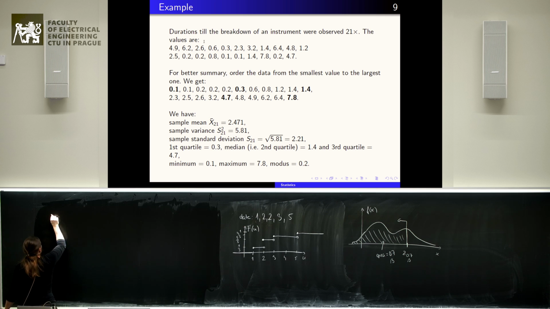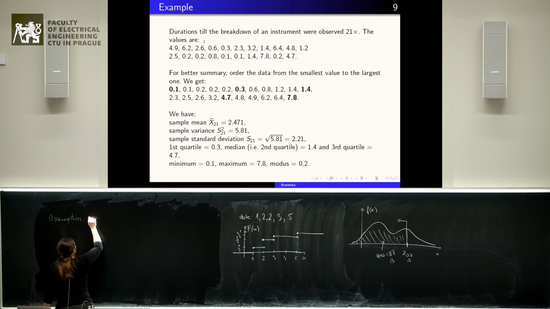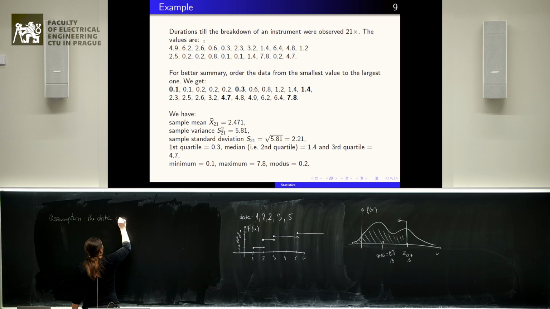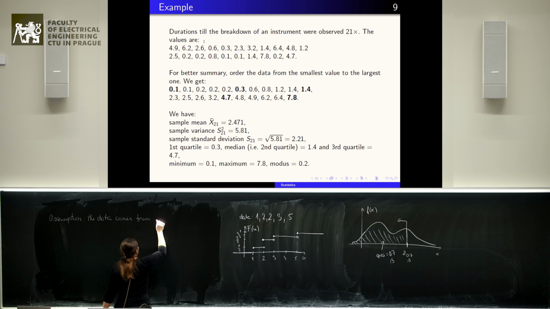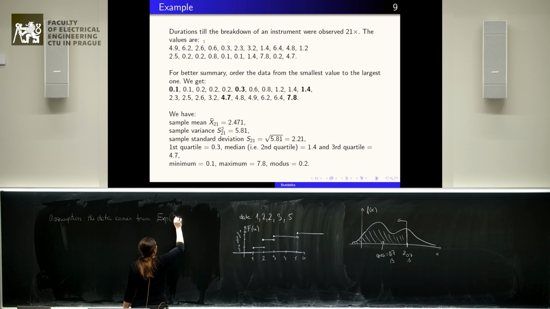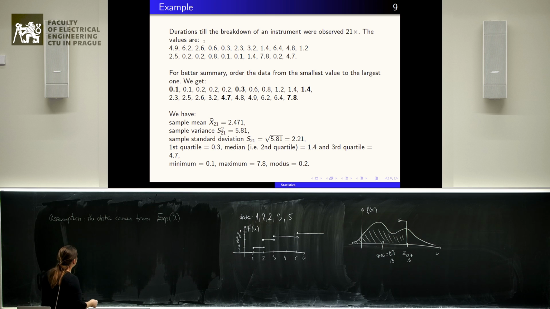So our assumption is that the data come from the exponential distribution with the parameter lambda. And what does it mean?